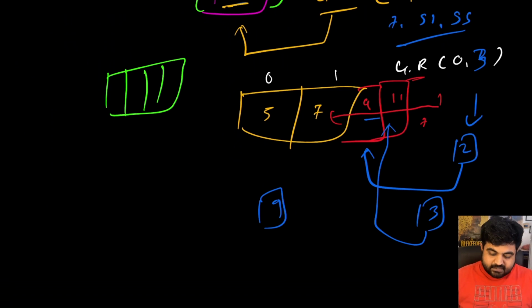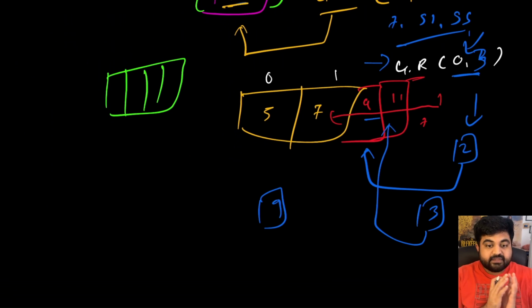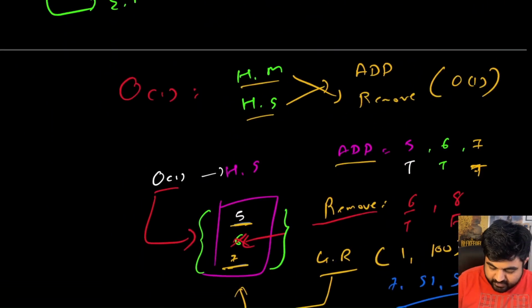Now for get random, we need some sort of indexed data structure where we store all the remaining values, and then we select a random index value, and whichever value is located at that index location, we return that value. We already took care of the add and remove methods using the hash set.